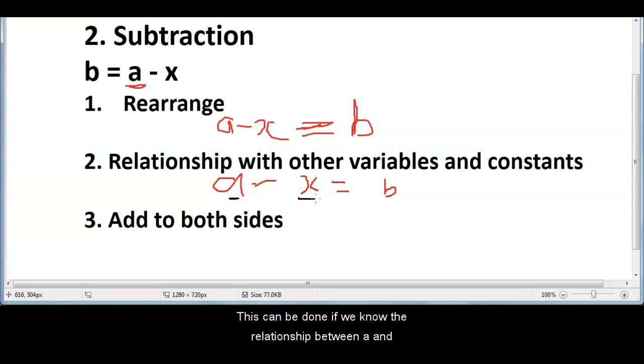This can be done if we know the relationship between A and X. The relationship between A and X is subtraction. A minus X.